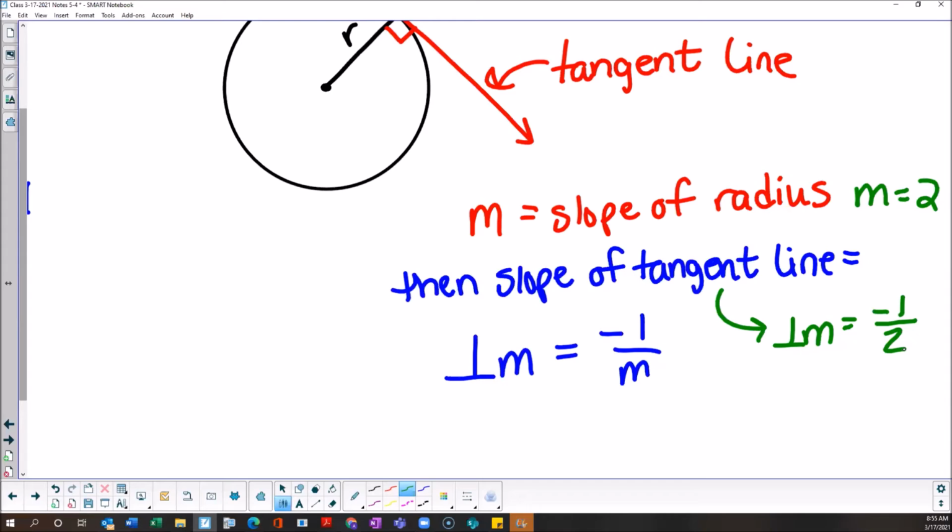We did a whole unit on this last semester. So that's going to be the most important thing when we're writing the equation of tangent lines. We're going to find the slope of the radius, and then we're going to get the perpendicular slope for that.